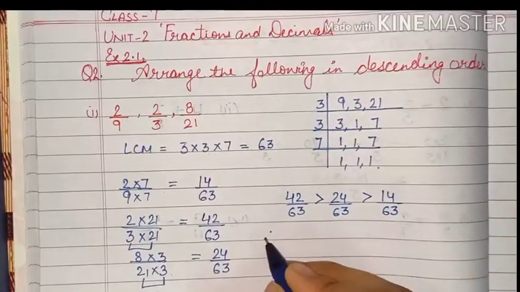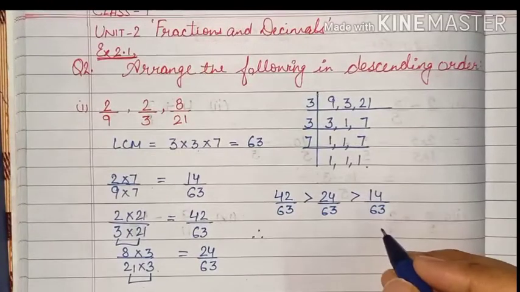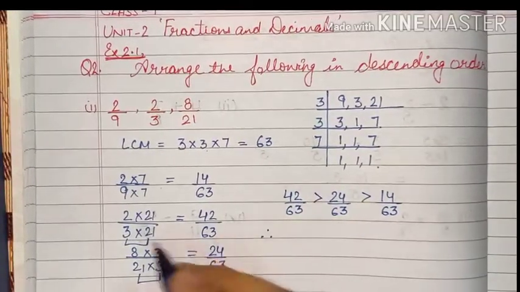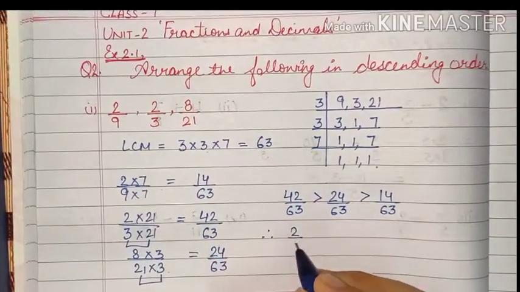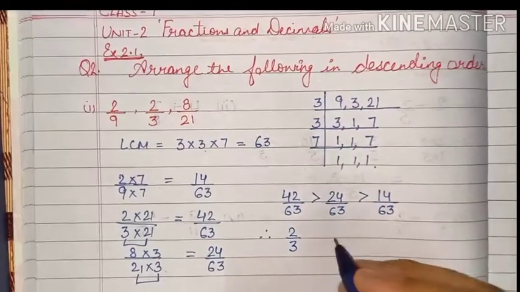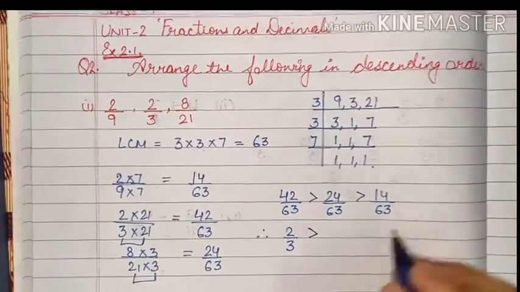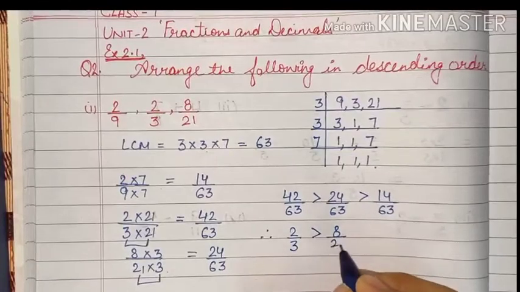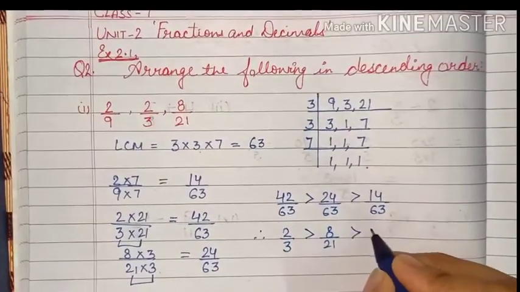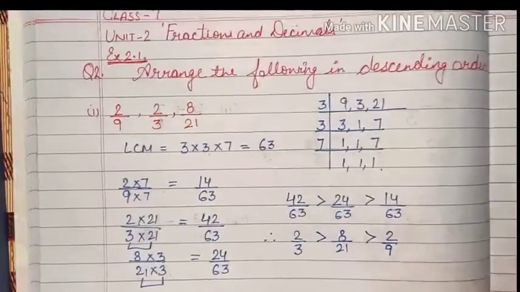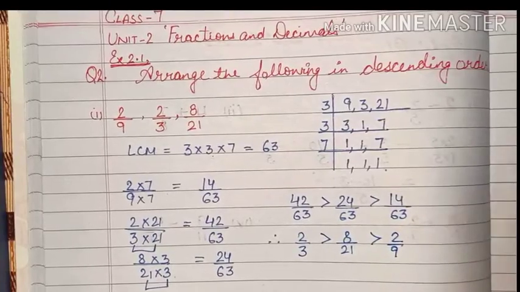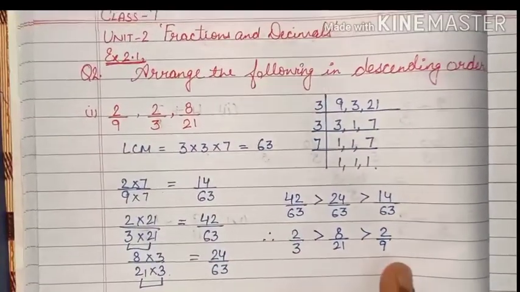So what will be our answer? 42 upon 63 is equivalent to 2 by 3. That means 2 by 3 is greater than 8 upon 21 and it is greater than 2 upon 9. So in this way we will write these fractions in descending order.